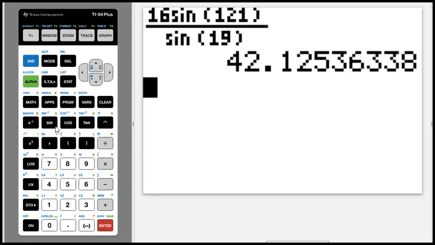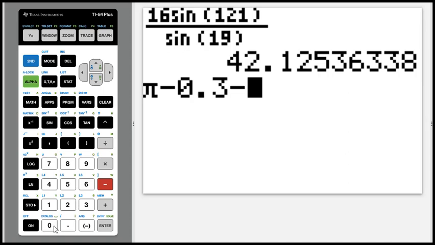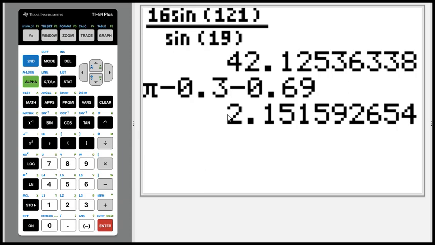I will go to the graphing calculator, do second power pi minus 0.3 minus 0.69 equals 2.151592654.